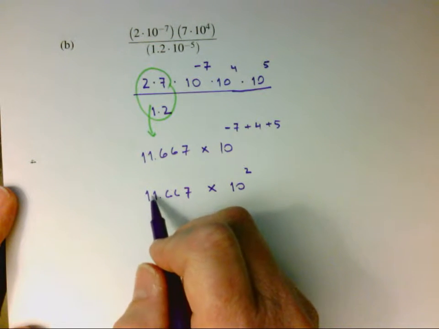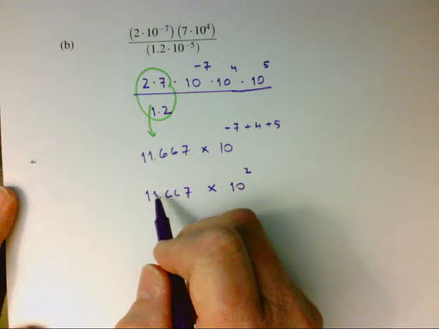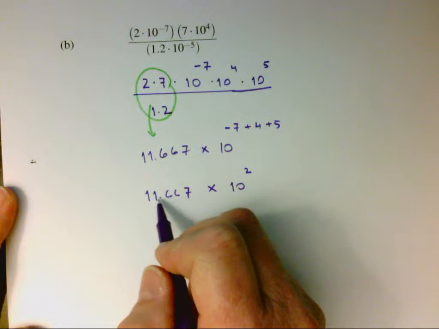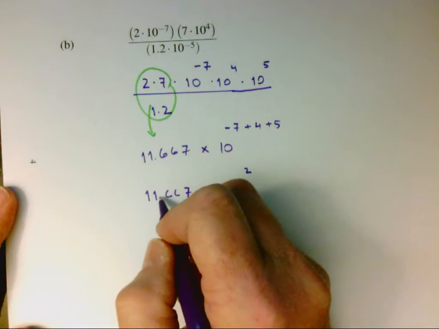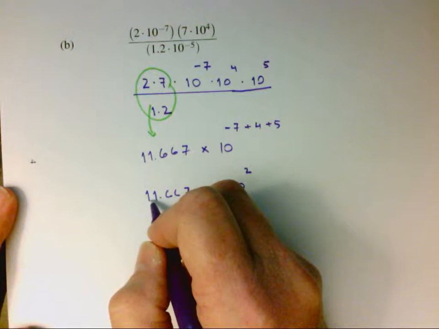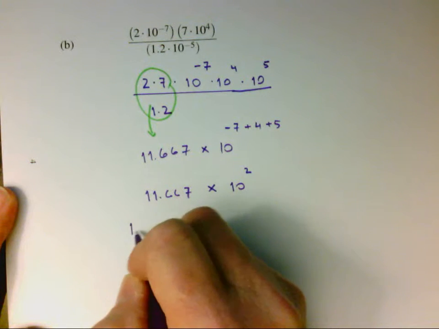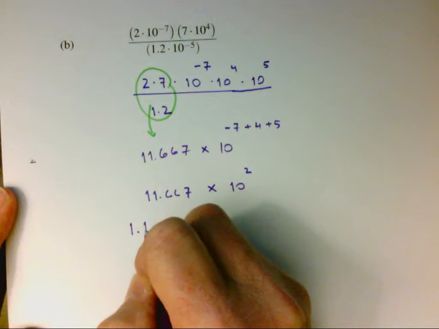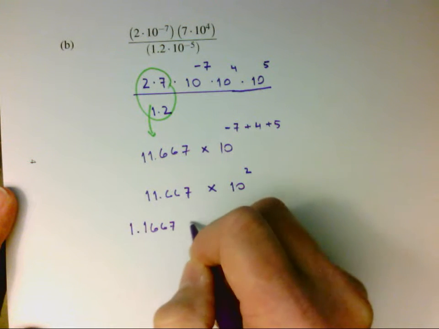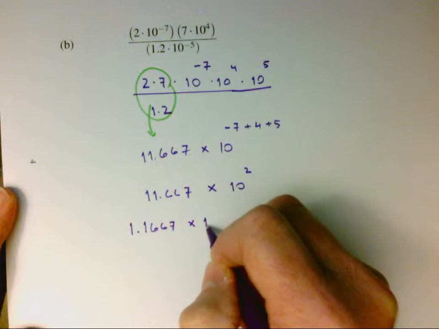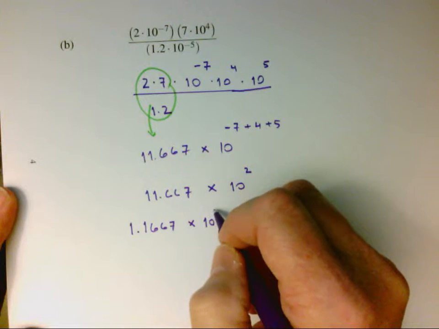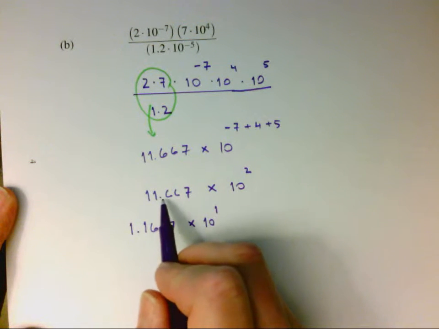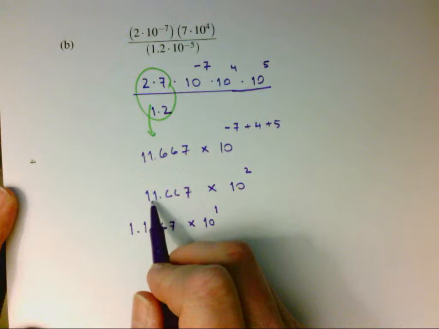This is once again a number which is bigger than 9, so we have to get it smaller. We have to get it between 1 and 9. That moves the decimal place once to the left, so that made this number smaller. The way we put it right is multiply it by a factor of 10. We move the decimal place once to the left. That made it smaller.